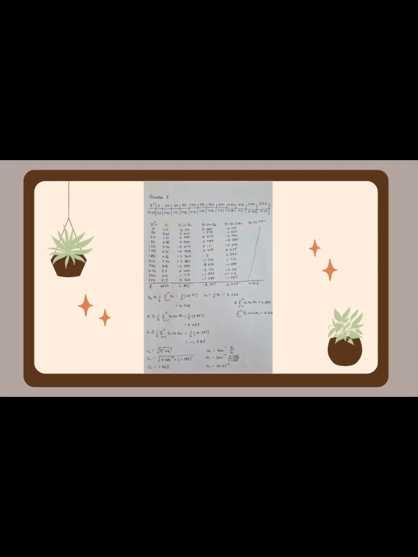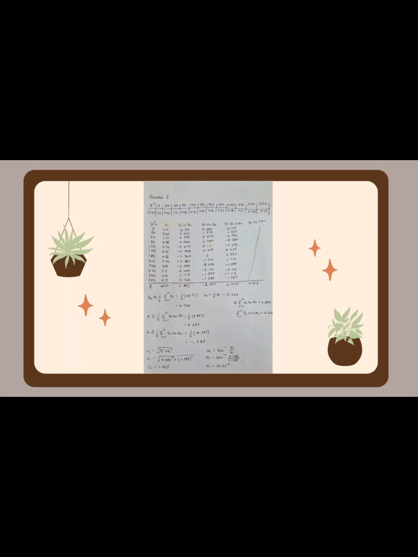By using the formula 1 over 6 times the summation of y, 28.27, we get our first value, which is 4.728.